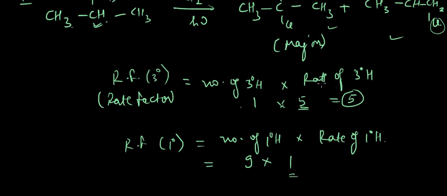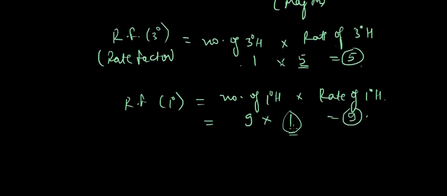Okay, so the rate for the 3 degree hydrogen atom is 5 here and the rate for the 1 degree hydrogen atom is 1 here. So the rate factor is 9 here. What is the percentage yield in this reaction? You can calculate it by dividing the rate factor for that one particular 1 degree or 3 degree hydrogen atom by 5 plus 9, the total.